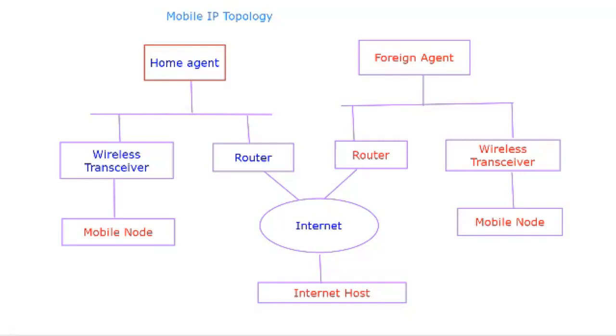Now I will explain mobile IP with reverse tunneling. The description I have just given of mobile IP assumes that routing within the internet is independent of the data packet's source address.